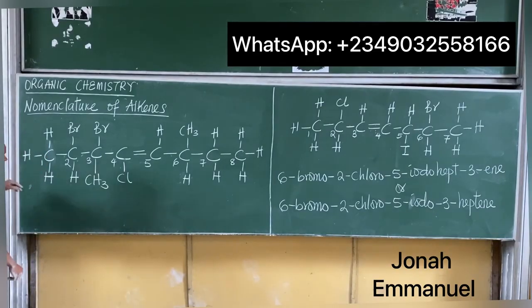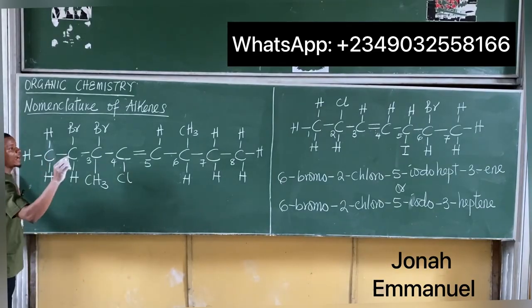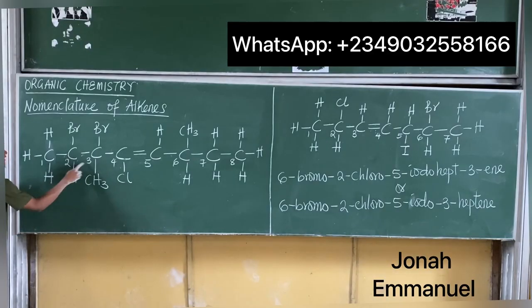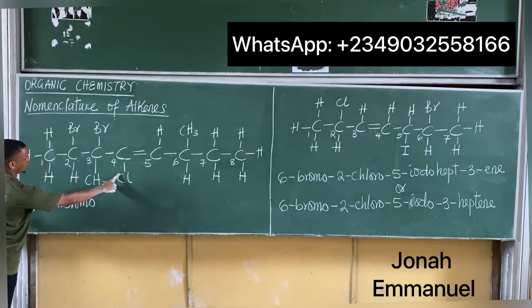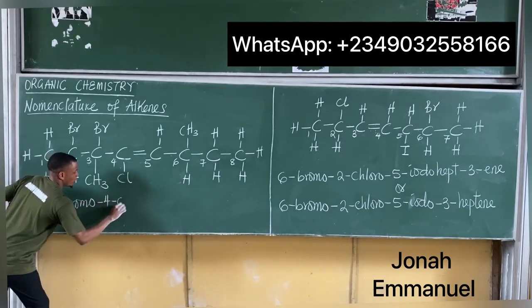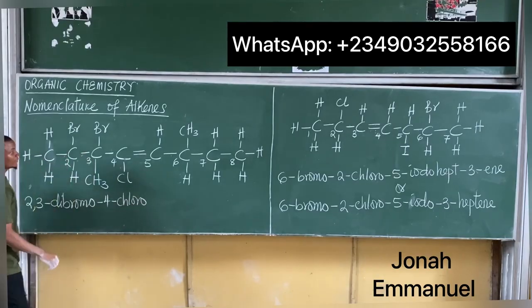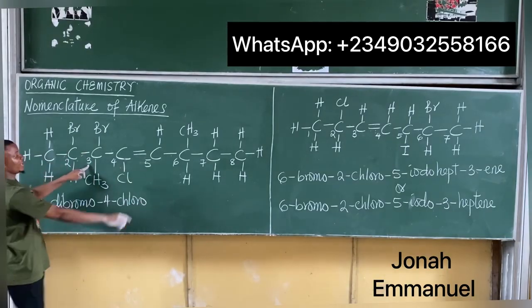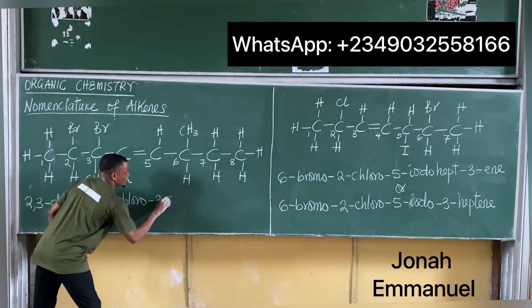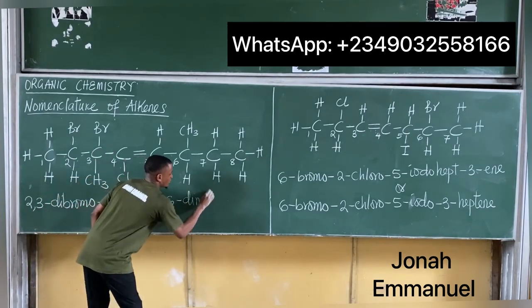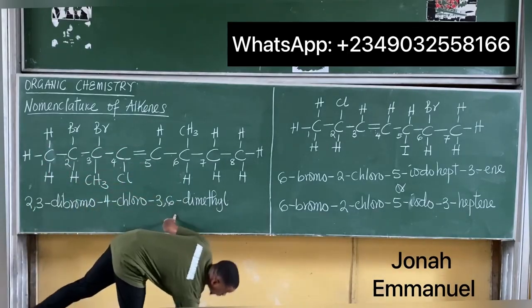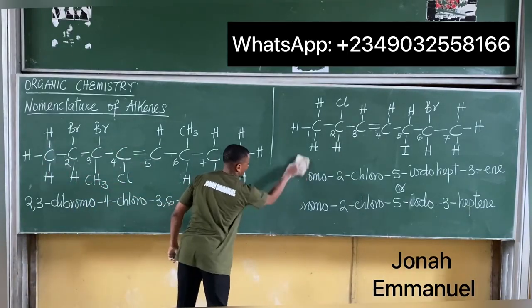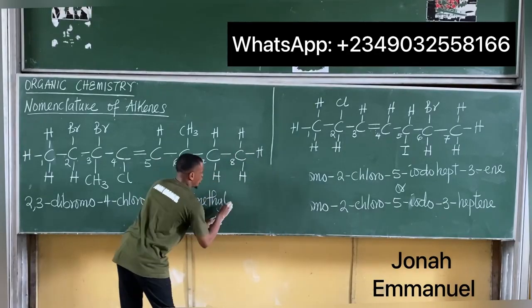So the name is what you get there. Starting from the halogens: bromine, so 2, 3, dibromo, 4-chloro, 3, 6-dimethyl. 8 is oct.